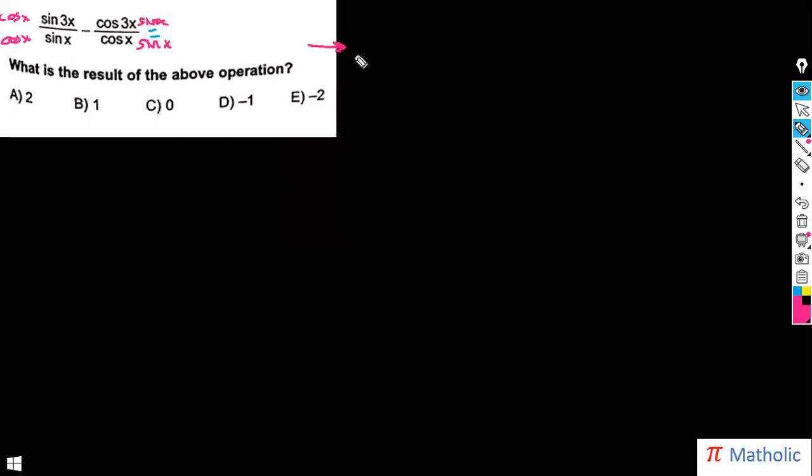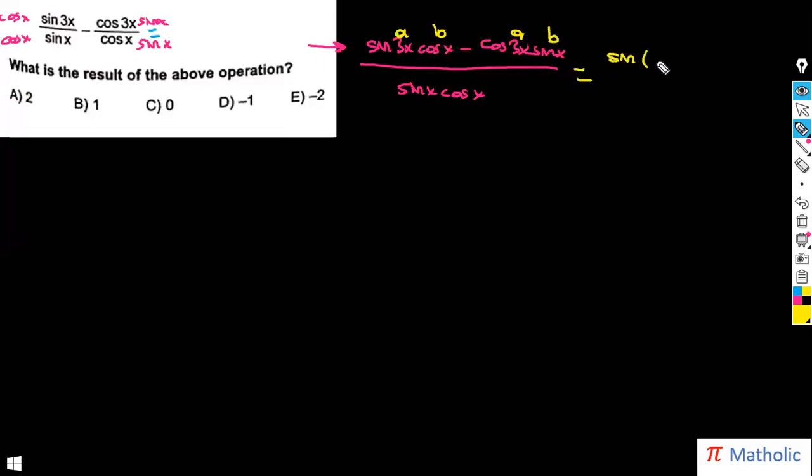So what we are going to get from here is sine 3x cosine x minus cosine 3x sine x over sine x cosine x. As you know, this is sine a minus b, which makes sine 3x minus x over.